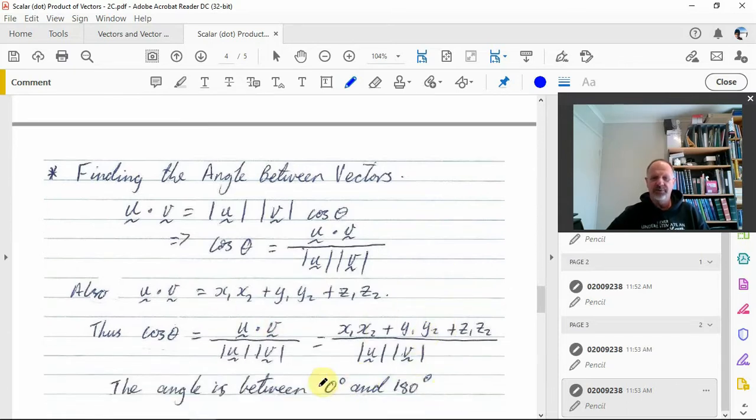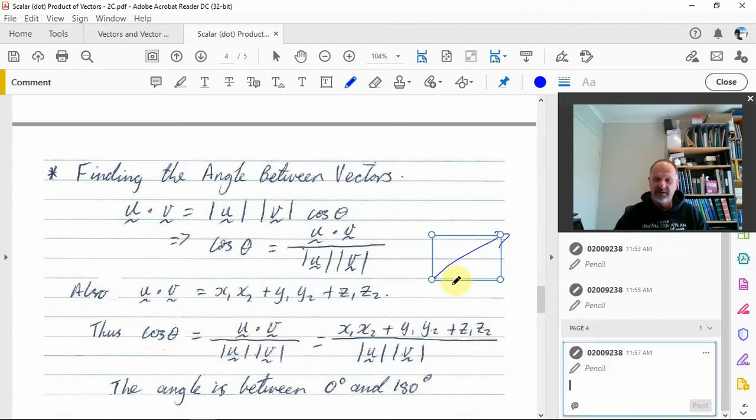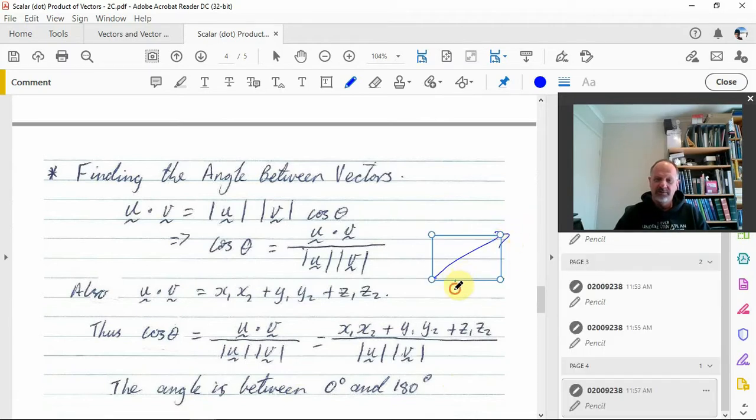Now the angle that we get is between 0 and 180. Because if we've got two vectors, one pointing this way and another pointing this way, for example, we would measure this angle in here.